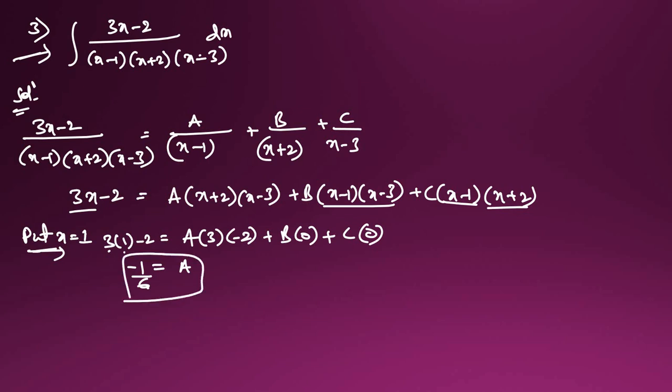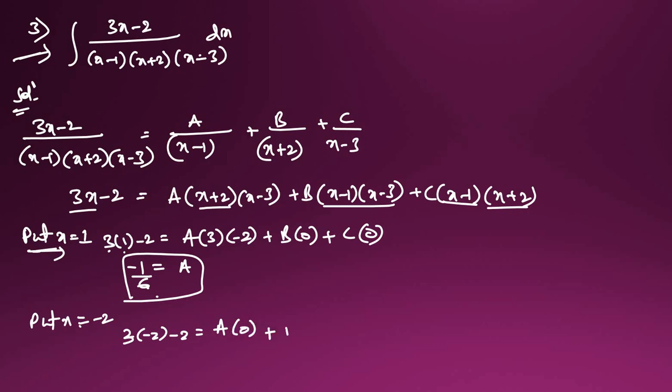Now put x is equal to minus 2 in this. So 3 into minus 2, minus 2, and a into 0 gives total 0.